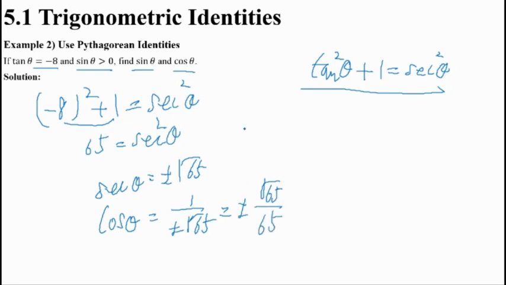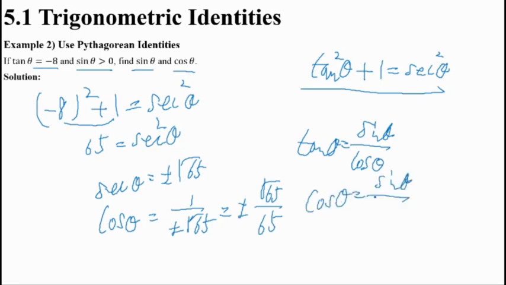Okay, and we are looking for sine. We know tangent theta is sine theta over cosine theta, so sine theta would be... no, sorry, let me erase that.